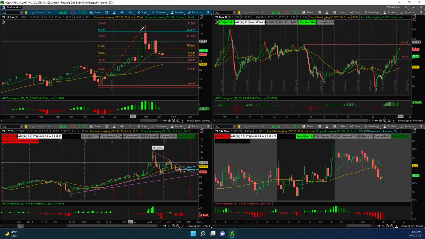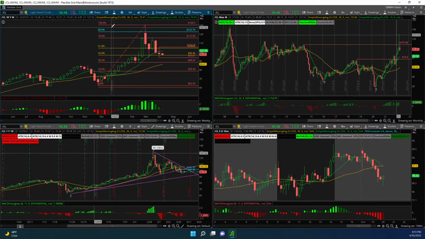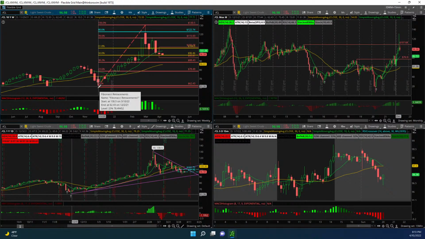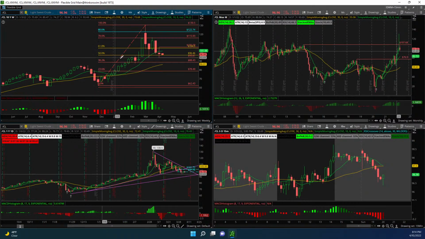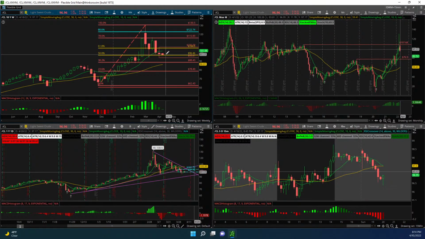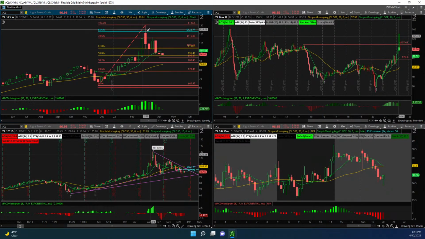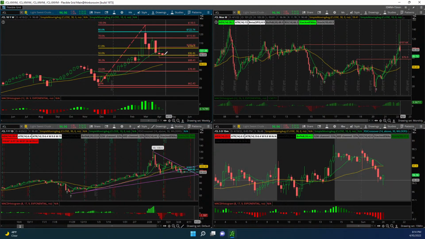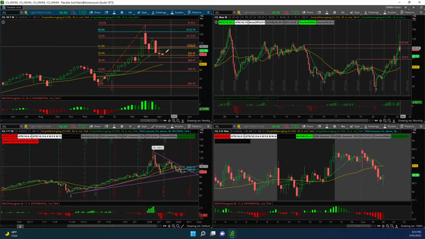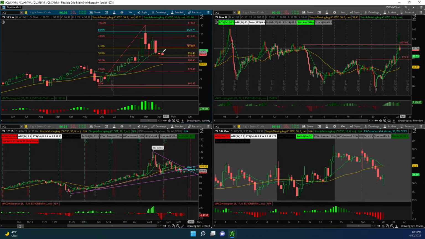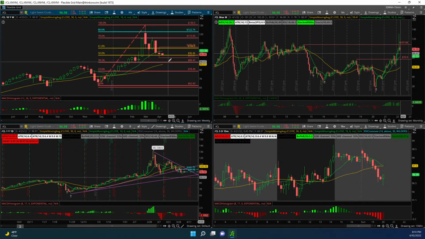I have the Fibonacci retracement from this low of 62.43 up to 130.50, and now we are at the 50% retracement. It's a critical area where we see if this can hold and start moving up again, or if it's going to move down.